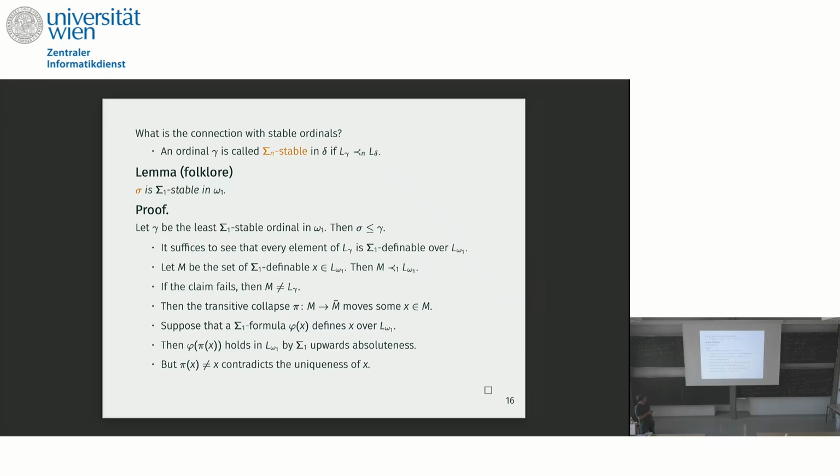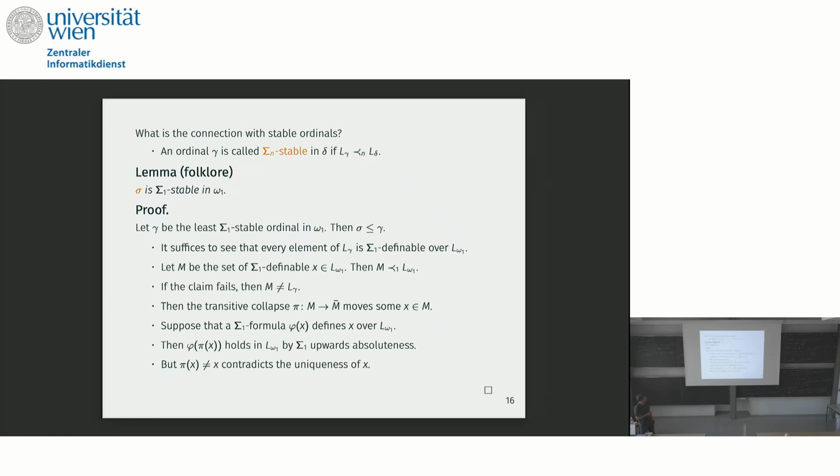But if not, then you can take the transitive collapse. I'm just going to move something, this x. But remember, everything is Σ1 definable, also this x, but now it's moved by this map. But it's still defined by the same formula. But that can't be, because by Σ1 absoluteness it satisfies the same formula.